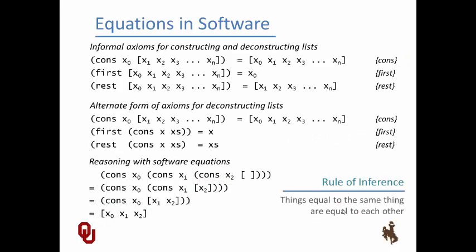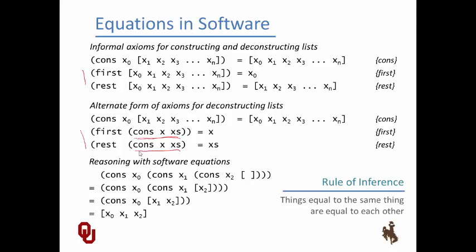In reasoning about software equations, we will use the first and rest axioms either in this form with lots of subscripts, or in this form where the pattern on the left is a first of a constructed list where you insert a new element, and the value you get back when you apply first to such a list is just the element which is the first operand of the cons.